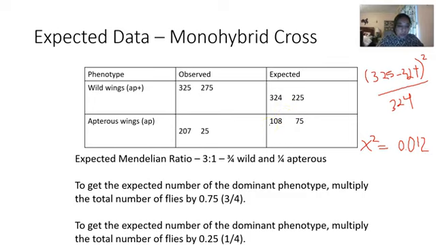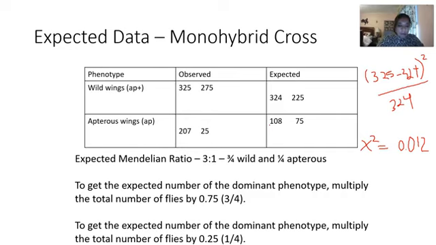So it's going to be 275 minus 225. That gives me 50 squared divided by 225. And I get 11.11. And then we are going to do the same thing for the others.